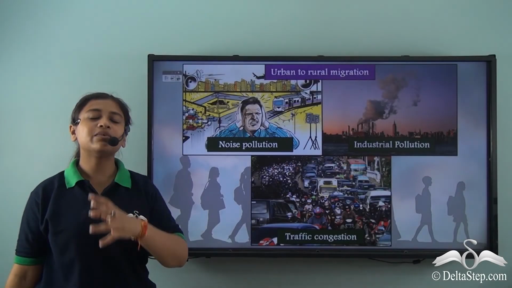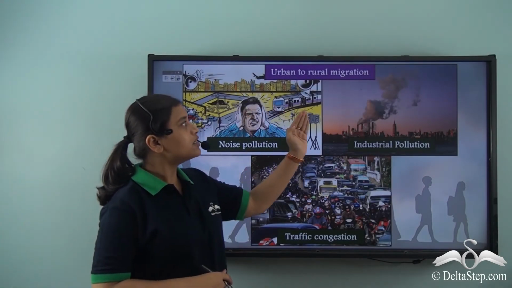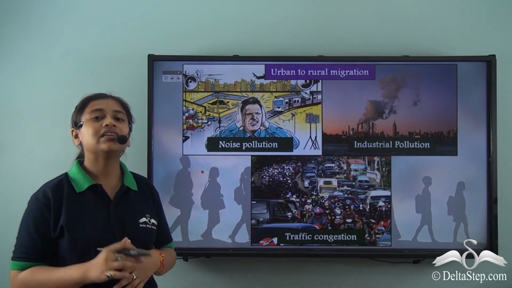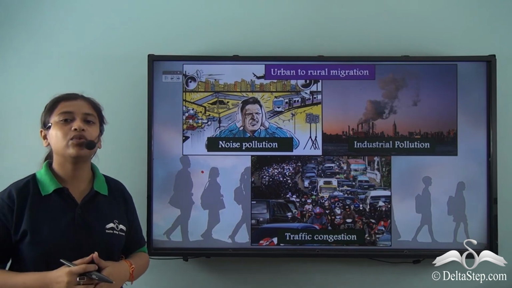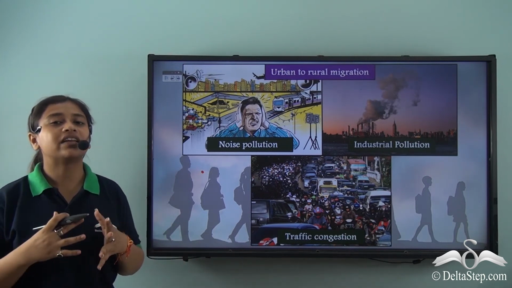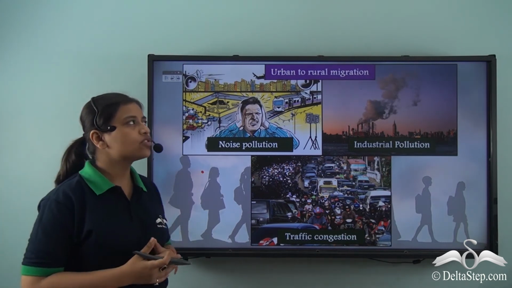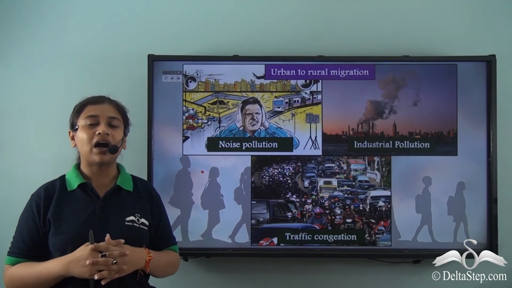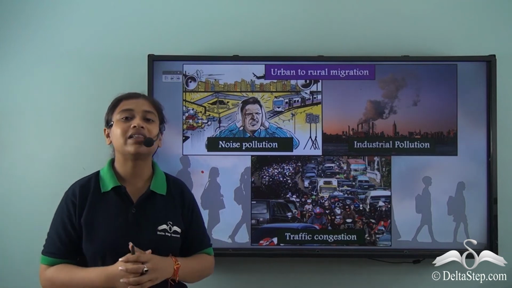Now the third type of internal migration is urban to rural migration. Let me tell you, this is often seen in the dependent population, that is people who have retired or who are very old. So why is it so common in old aged people rather than people who are part of the working population or are independent?